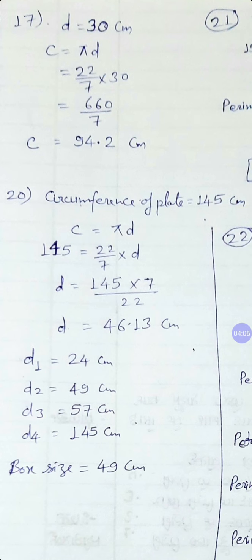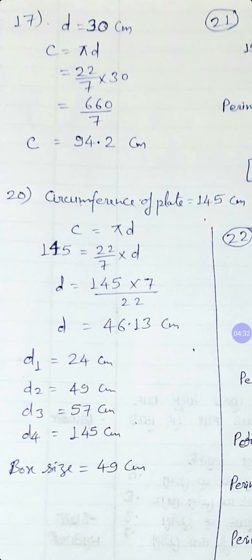Okay, so obviously diameter of the plate is 46, so here D1 is 24 centimeter, so it can't be, the box size should not be 24 because it will not fit in that one. Next one is D2 is 49. Now 49 is just larger than 46. Okay, so here we can put our plate.